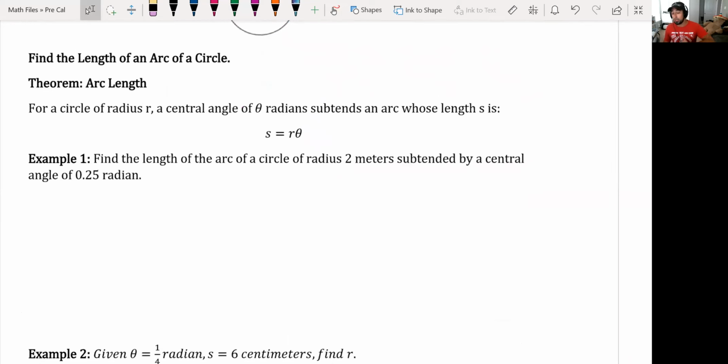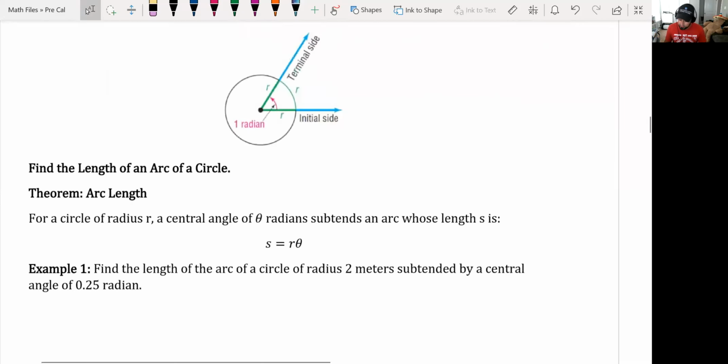With that being said, we're going to find the length of an arc of a circle. So we are going to be given the arc length formula. For a circle of radius r, a central angle of theta radians subtends an arc whose length s is given by s equals r times theta.